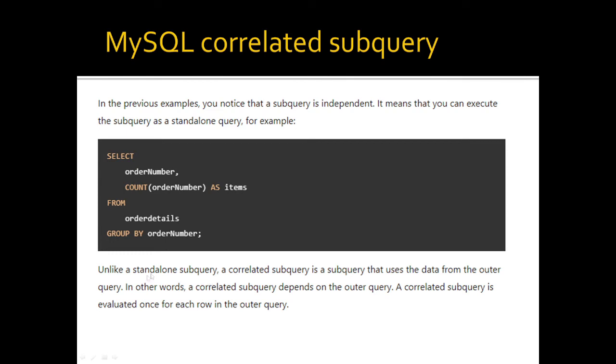Unlike a standalone subquery, a correlated subquery is a subquery that uses data from the outer query. In other words, a correlated subquery depends on the outer query. A correlated subquery is evaluated once for each row in the outer query. If there's a row in the outer query, it will evaluate the subquery. Another row in the outer query, and it will evaluate the subquery again, unlike the independent subquery.